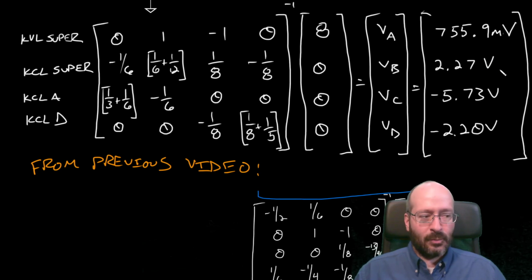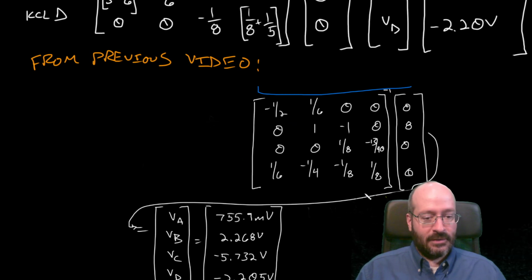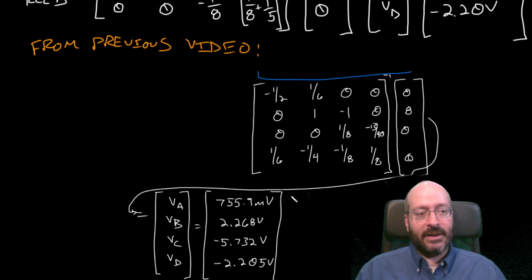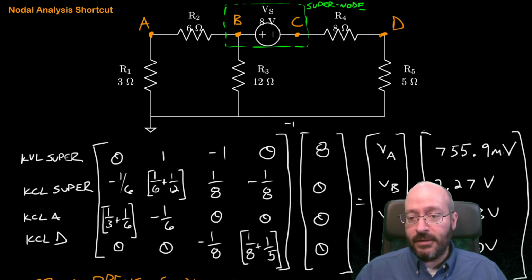I rounded a little more this time. Sorry. Negative 2.2 volts. We can see that that's identical down here. Shortcut works. We can do it with a supernode. So hopefully you're feeling less intimidated by it, and that you're also realizing that you can do these fairly quickly and accurately, because both are important.